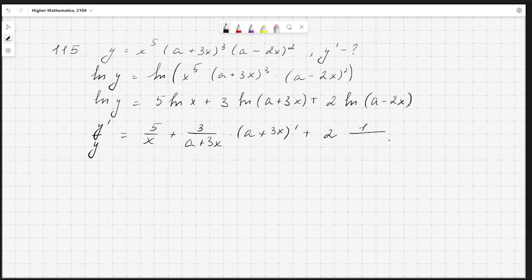Don't forget to multiply by derivative of argument.